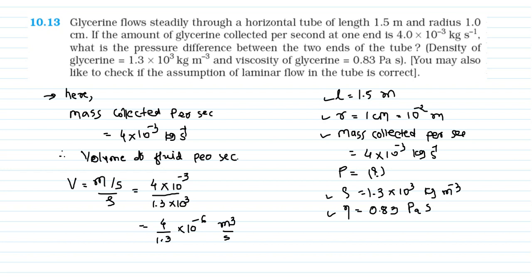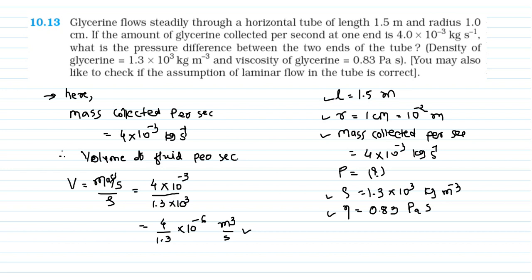Okay, you can say it is mass per second, not meter per second. So kilogram per second. Okay, and density is equal to mass upon volume, right? So your volume goes to the numerator, so your answer will be meter cube per second.